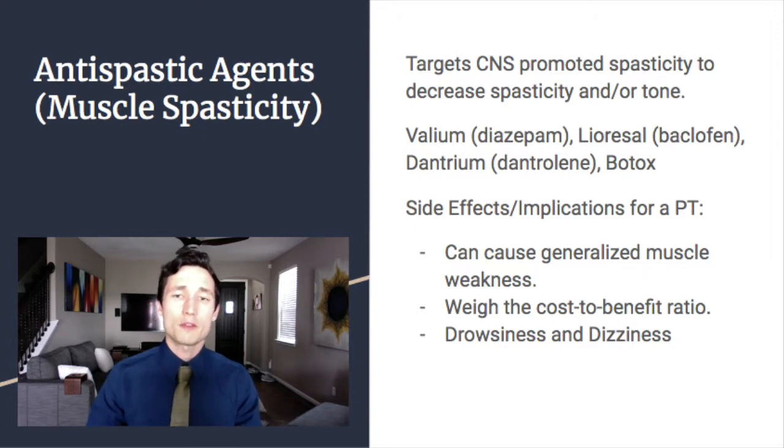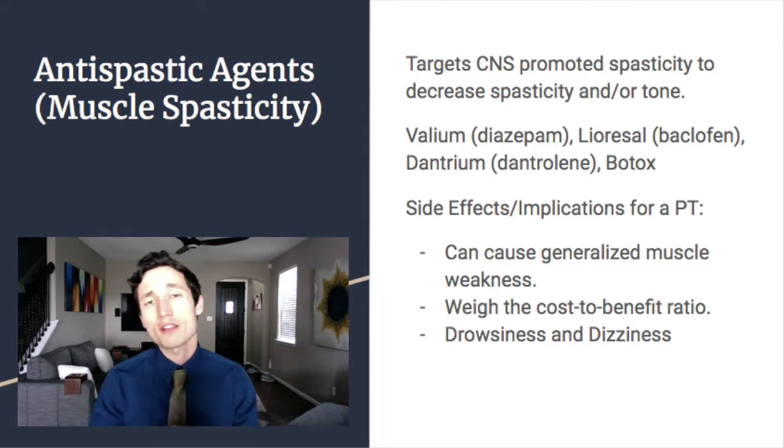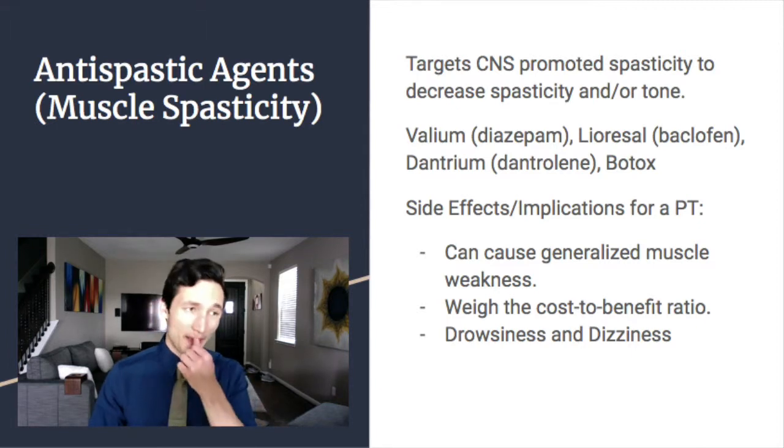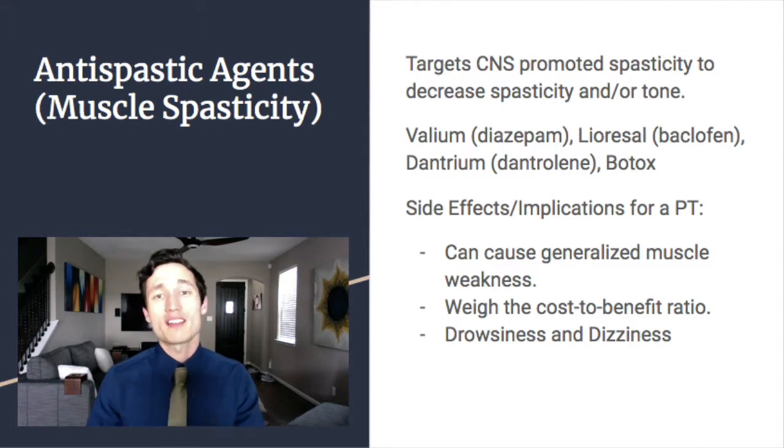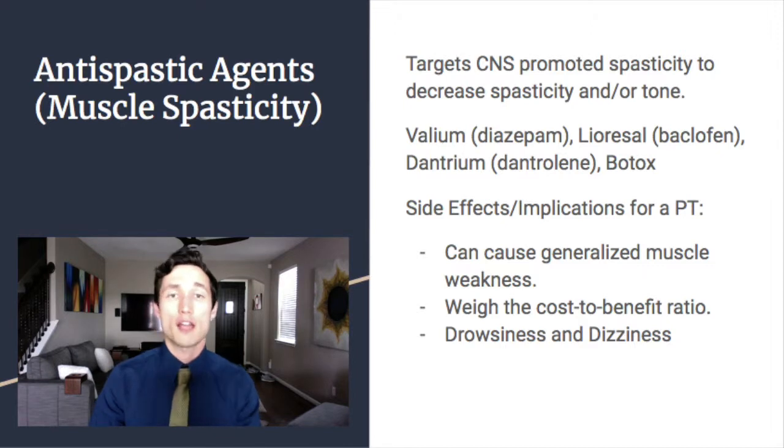Side effects and implications for physical therapy can include generalized muscle weakness, and a big one is that, as it suggests, it reduces spasticity. So you want to weigh the cost to benefit ratio in regards to whether or not the loss of spasticity will particularly impact that patient's level of functionality.